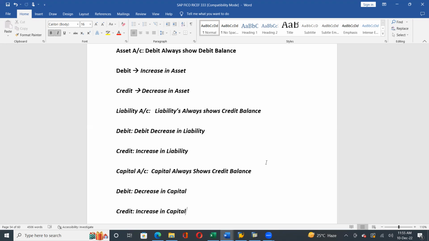I'll give you one example. In your own business, you didn't borrow any amount from outsiders. You invested your own amount as capital. Then why are you showing it as a liability? You have not taken anything from any outsider, not even a single paisa.